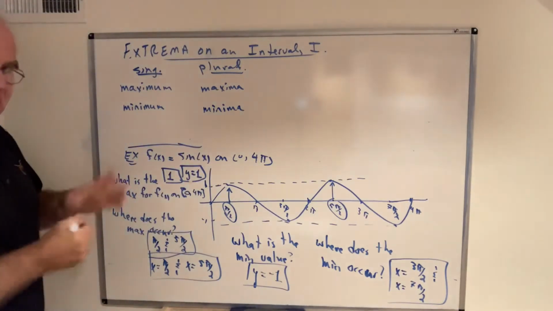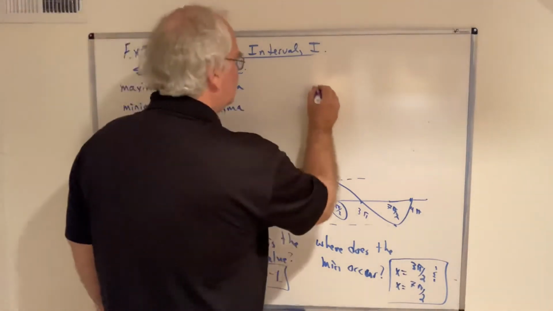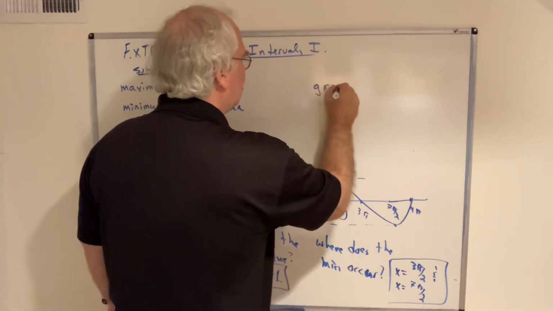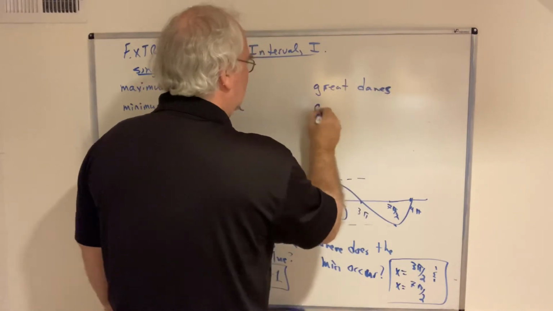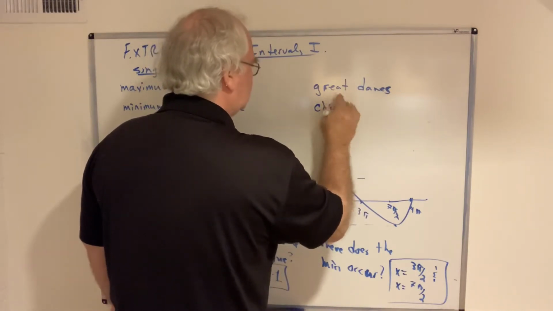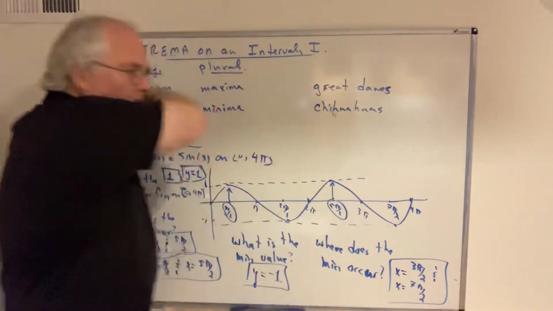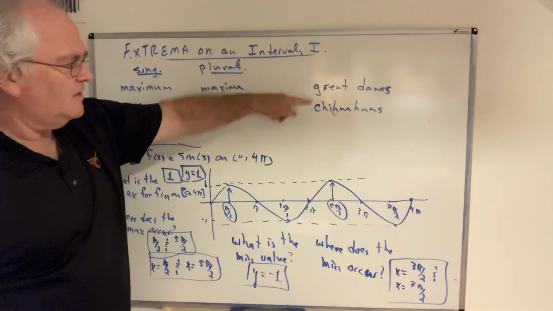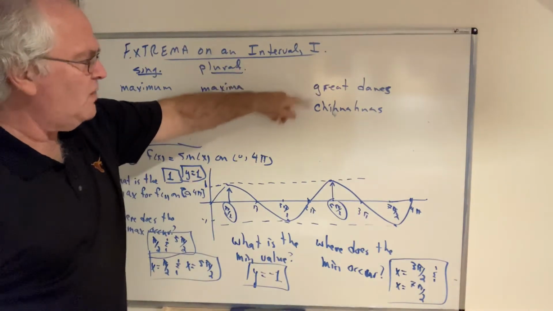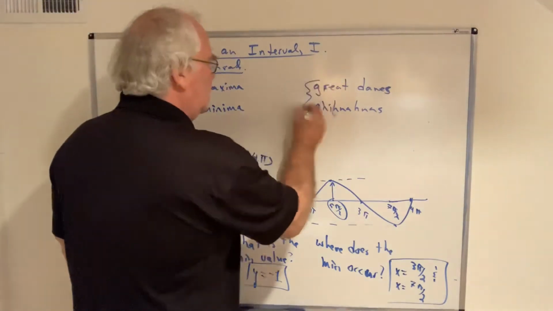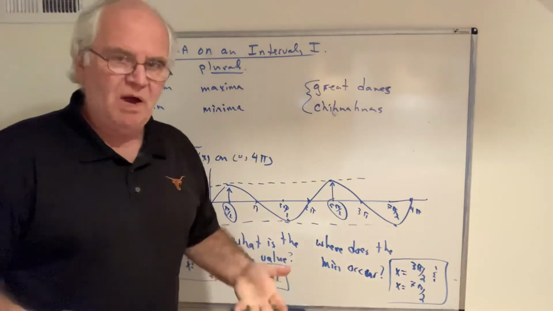And this next word is rather like this. Suppose we're talking about Great Danes and we're talking about Chihuahuas. Well, if you want to talk about these together as one category, you don't want to say Great Danes or Chihuahuas.